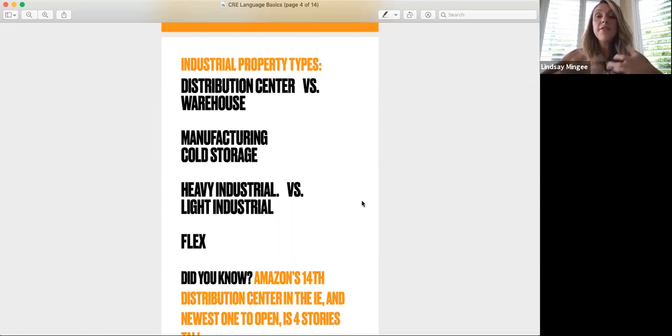And then flex is a term that we use a lot in the industry. A flex industrial property is almost always a lighter industrial use that has some small office component. So again, perhaps some of your spouses work in these types of environments, or perhaps you and your families own types of these businesses.